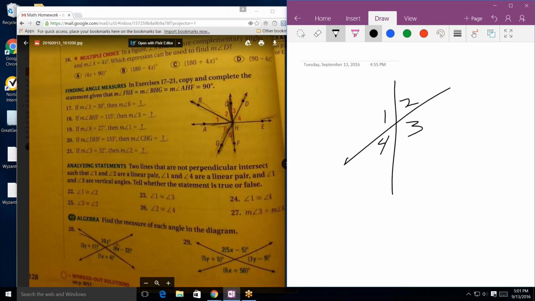Today their homework was the chapter 2 review packet. So they must be having a test soon, and when we're done with the chapter 2 review packet, we're on to chapter 3, even if we're still not done with the test.